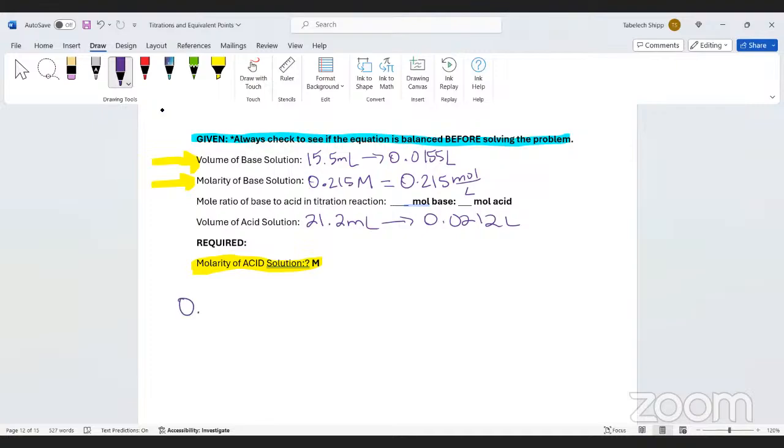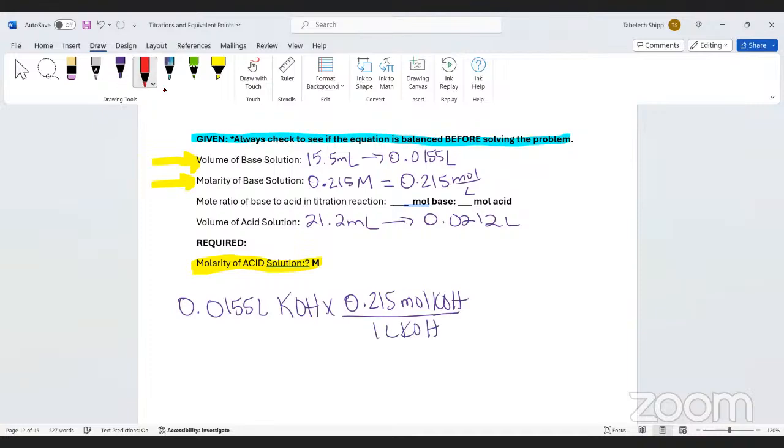Always start with your volume. 0.0155 liters of potassium hydroxide times. Now my molarity is going to go next. The molarity of the base was 0.215 moles of KOH per liter of KOH.